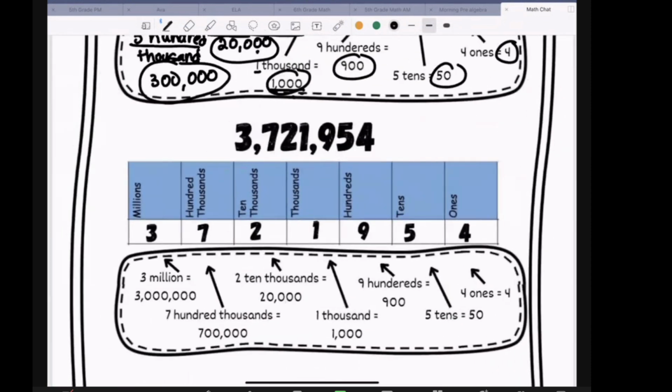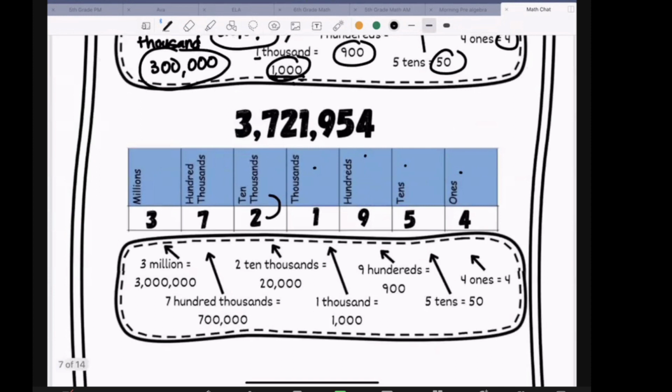Now you see we have all the place value spots covered here. Okay, you have all of them covered. And we're going to say our 4 is worth 4. Our 5 is worth 50. Our 9 is worth 900. Our 1 is worth 1,000. We have a 2. Oh, it looks like I used the same one too in the 10,000s.